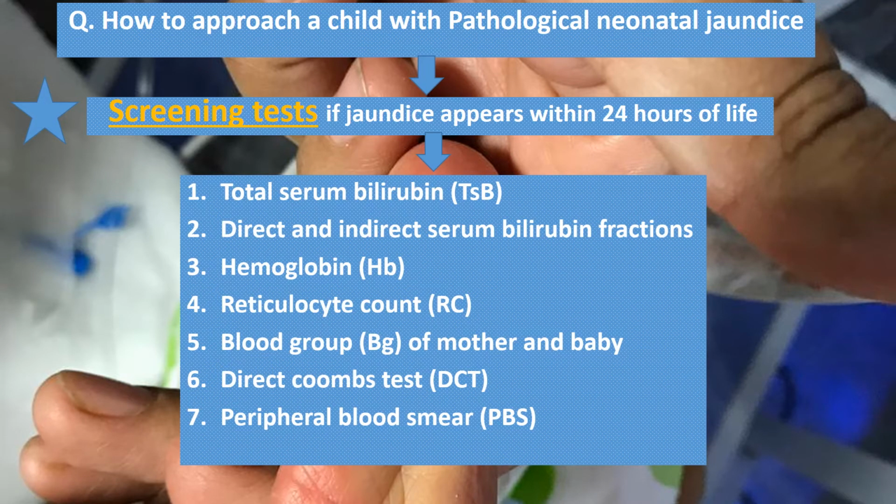So to rule out hemolysis, you have to go for the total serum bilirubin level, direct and indirect bilirubin fraction, hemoglobin, reticulocyte count, and blood group of the mother and baby both, and direct Coombs test, DCT, and peripheral blood smear. So all these are the screening tests whenever you find that the newborn is having jaundice within 24 hours of life.